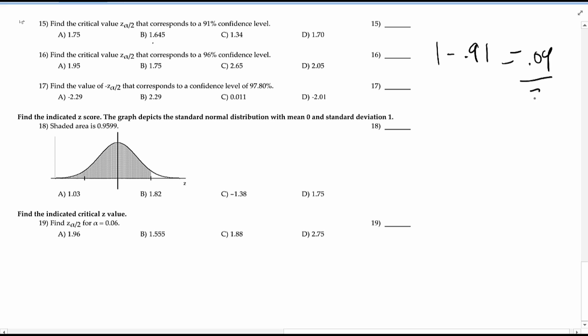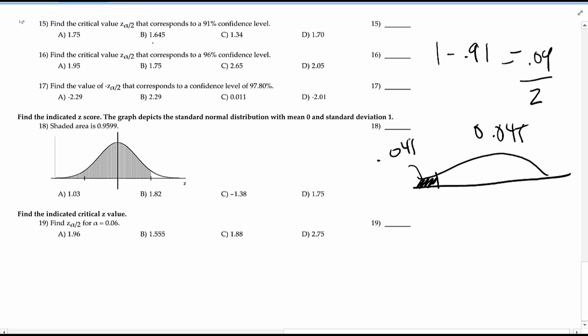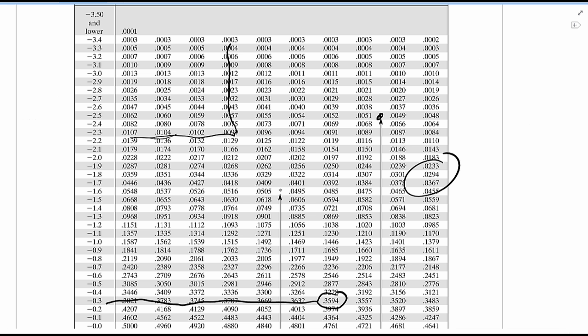We take that 0.09 and divide it by 2, and we get 0.045. That's basically the area in one tail right here. So then we go to the negative table and see what that value is. 0.045.